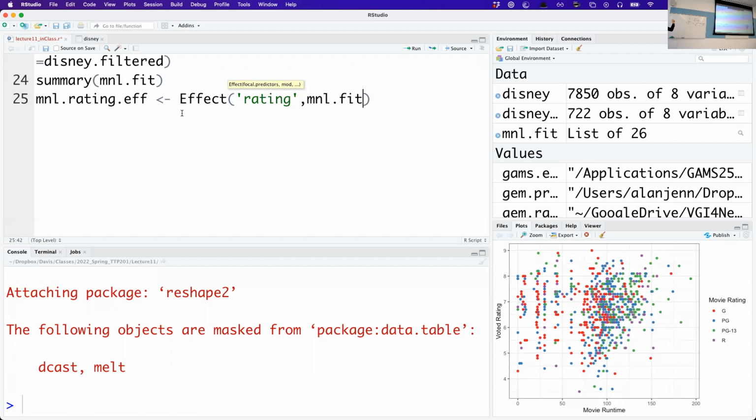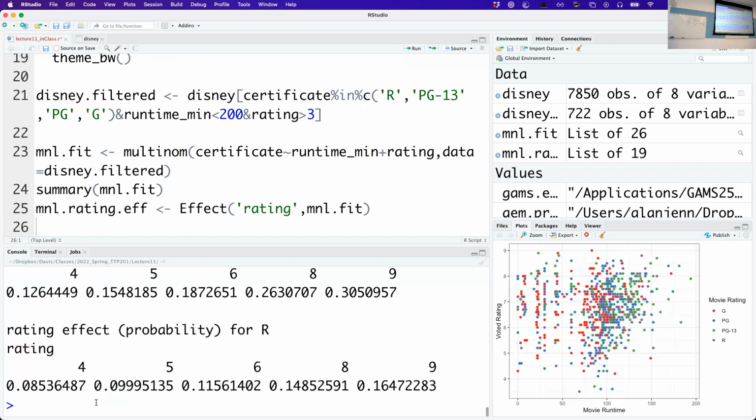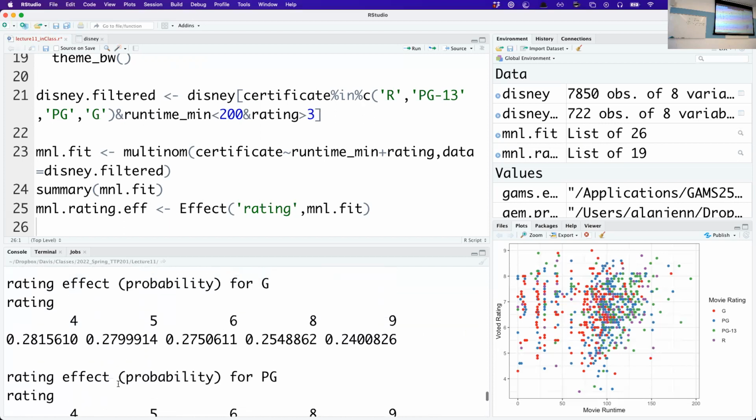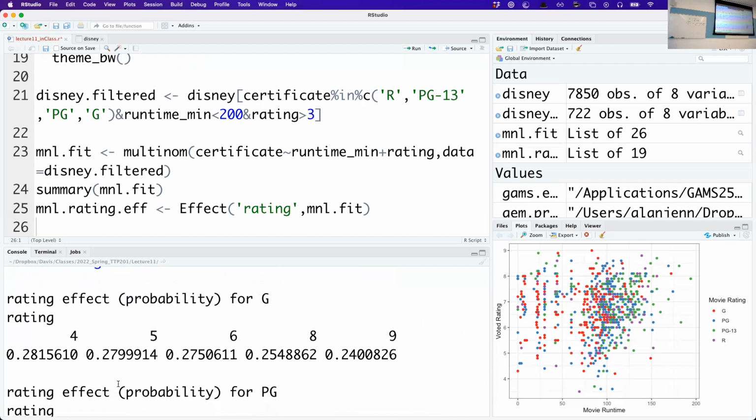And then you're going to use the model MNL fit. So this gives something like this. Let's see what happens.